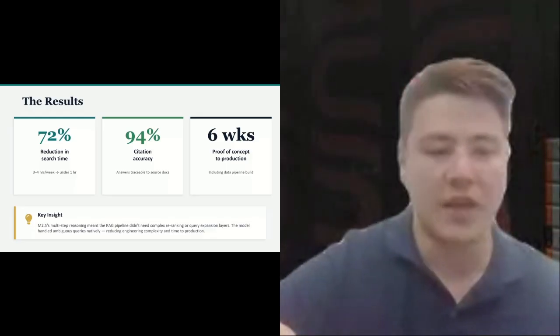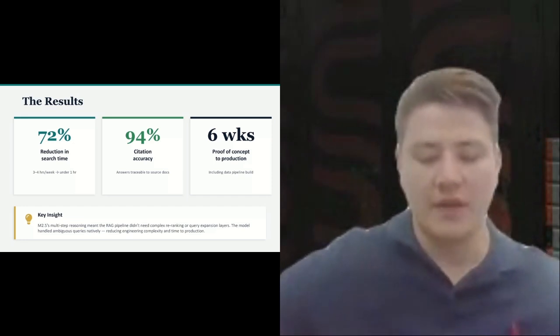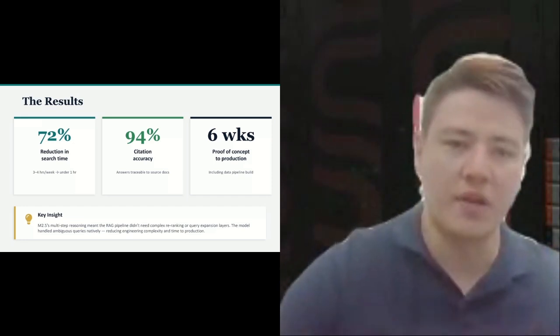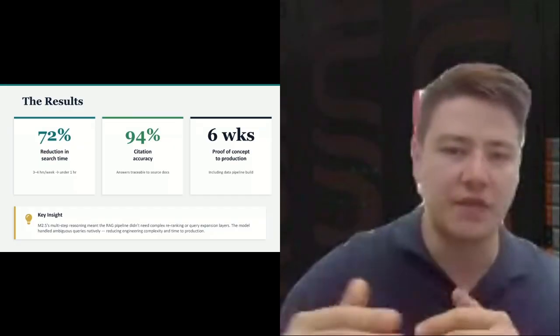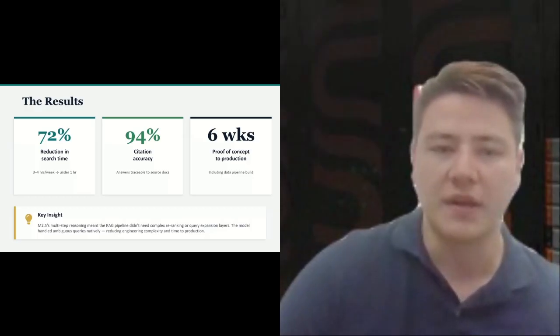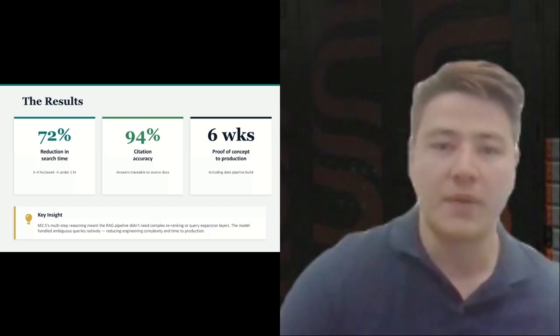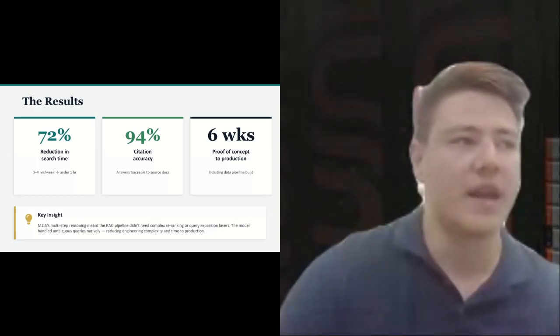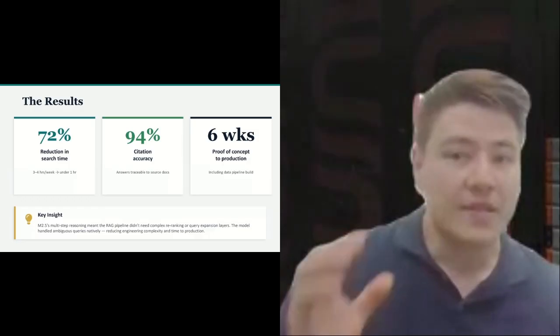The 6% we actually found it's a kind of garbage in, garbage out scenario. If you have documents that are duplicates of other documents, but slightly different from an accuracy point of view, that citation might just confuse it a little bit. But 94% they deemed was the citation accuracy that they needed. And it took us 6 weeks of POC to production build. So it wasn't a complicated build either. So that's use case one.